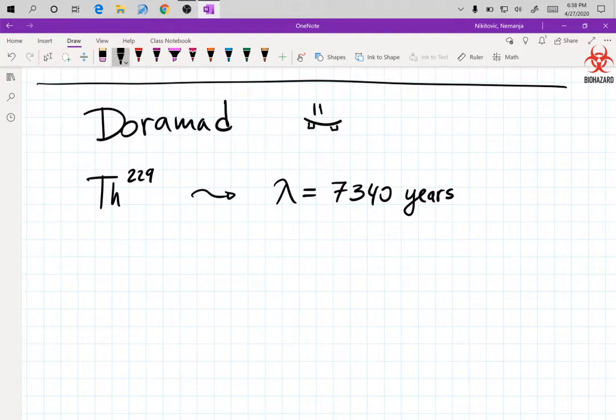So now what I want to do is take a look at how much thorium is still on these corpses, on their teeth. So it's been 1940 all the way to 2020.